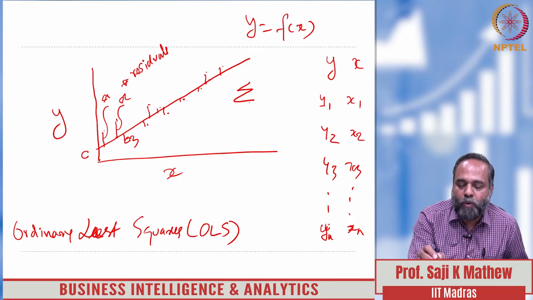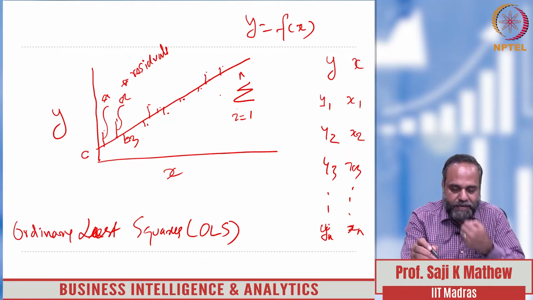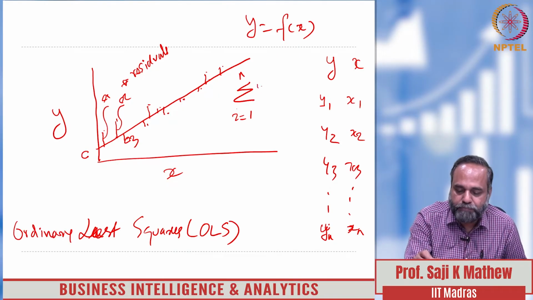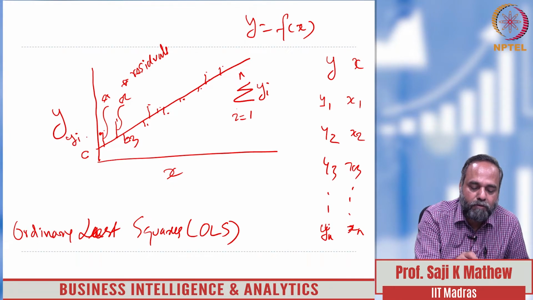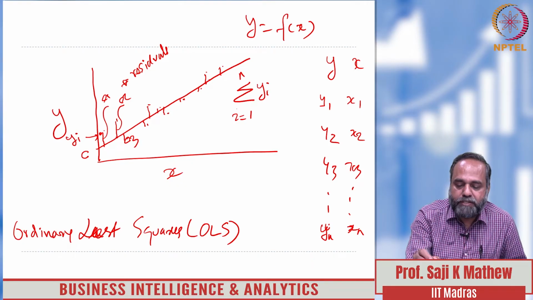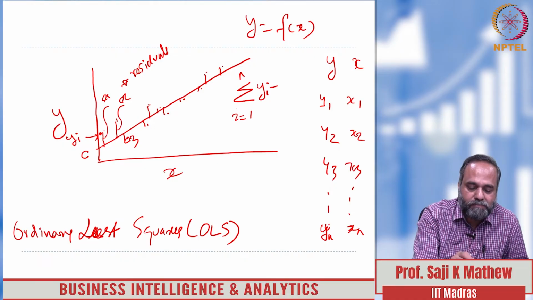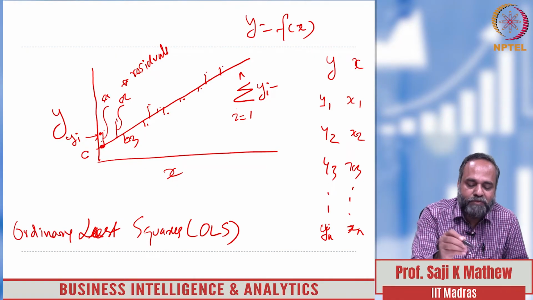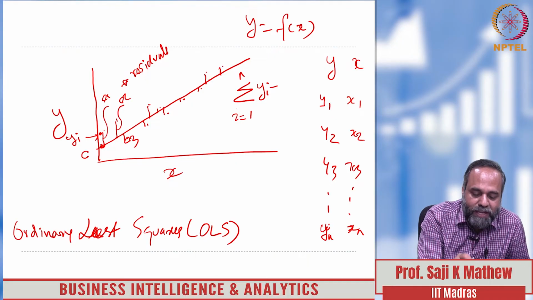You can sum up all the errors. Suppose n is the number of data points. There is the yi point, the actual yi, and the predicted yi, which according to the model is this point.